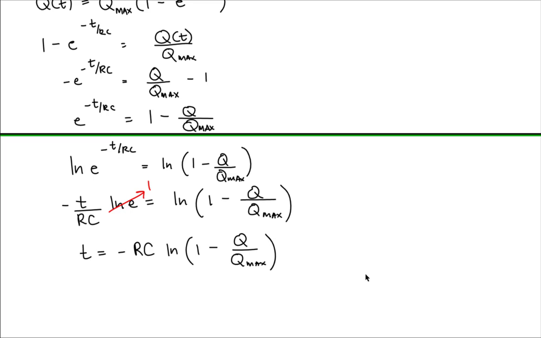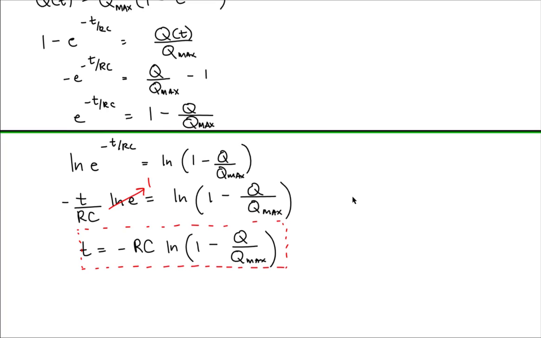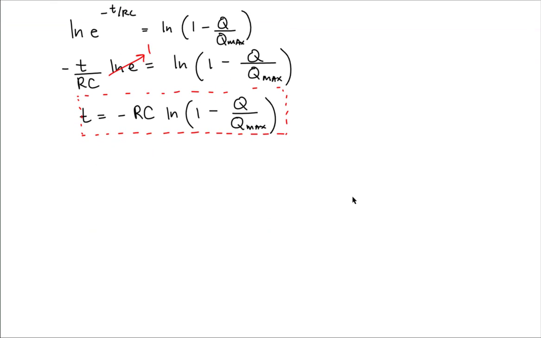So here is an expression for time that is really a function of the charge on our capacitor plates. Let's use this expression now to find the time when our capacitor is at 2/3 capacity, and then when our capacitor is at 99.9% of capacity.